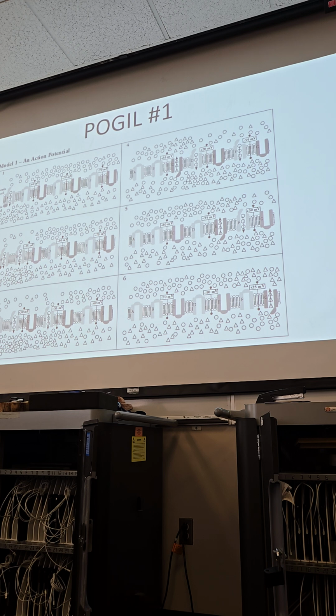It goes negative 80, and it goes plus 35 here, and then it goes to negative 80. Plus 30. Minus 55. Plus 35. Plus 30. Plus 30. Minus 55.